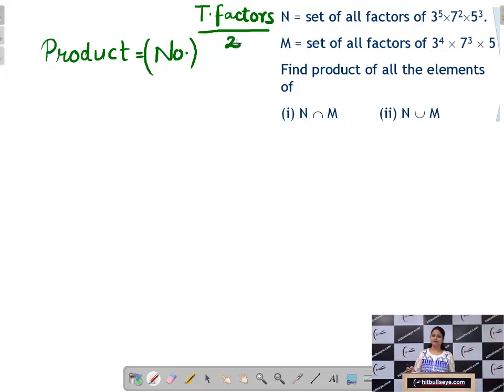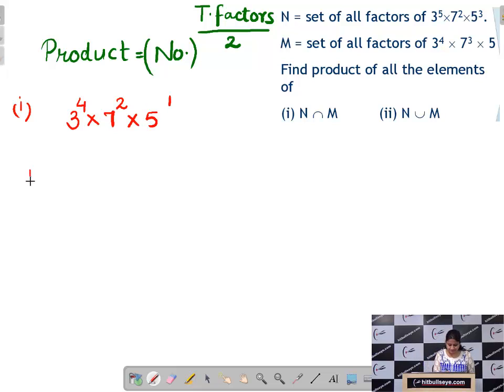This formula is applicable everywhere. So what is N here? The set of all factors of 3 raised to power 5 into 7 square into 5 cube. Similarly, we have M. First of all, the very first part, we want to calculate the product of all the elements of N intersection M. Once again, I'll take that number which will be common to those given two numbers, and that will be 3 raised to power 4 into 7 raised to power 2 into 5 raised to power 1.